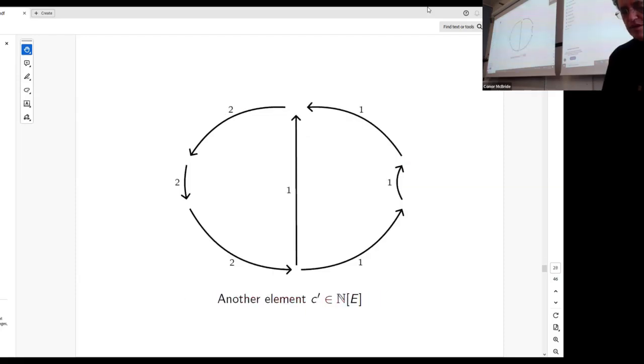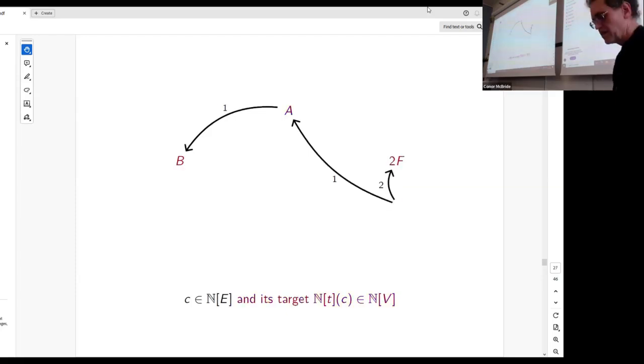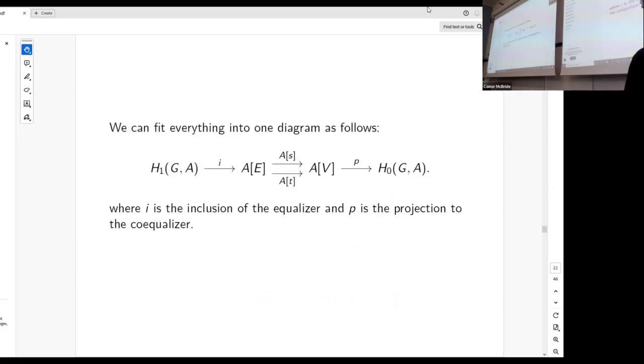Now, in that example, notice the source was different than the target. So it was not in the equalizer. Remember, the equalizer of the linearized source and target maps, that's the thing I'm really interested in. That's the first homology of our graph.